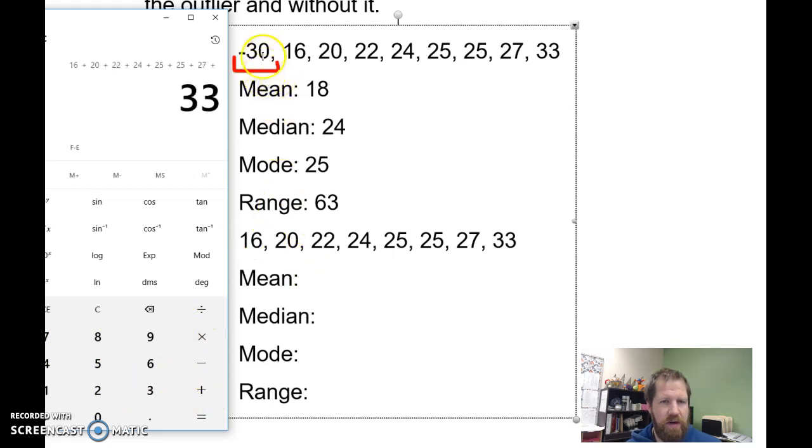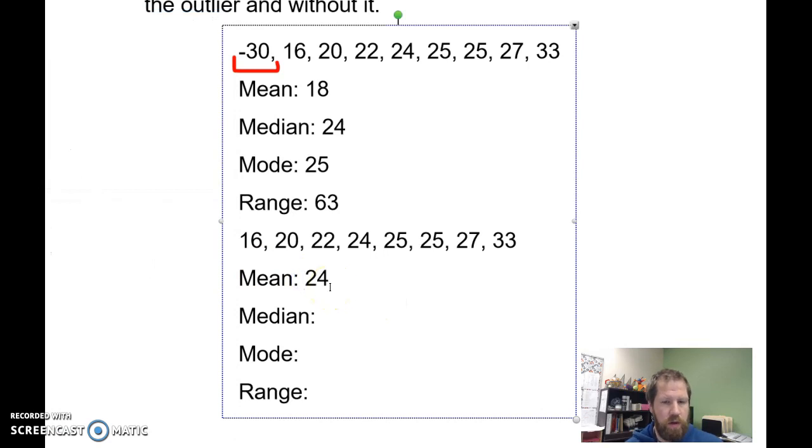And now, because I don't have my outlier, I have 8 values in my data set, so I'm going to divide that by 8. 16 plus 20 plus 22 plus 24 plus 25 plus 25 plus 27 plus 33 equals 192, divided by 8, 24. So now my mean is 24.